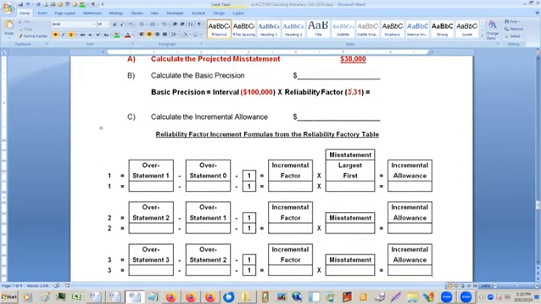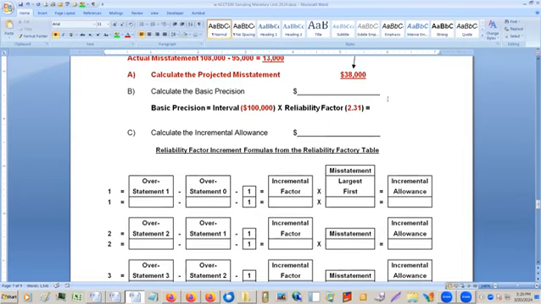No, I didn't. 2.31. So what is that? 231,000, right? So our basic precision is 231,000.